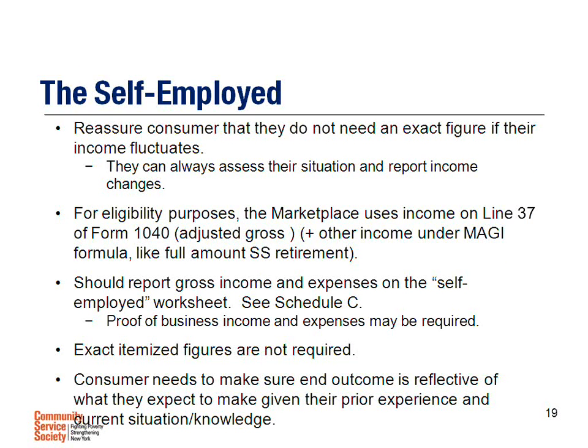On Schedule C, whenever you have someone who is self-employed, this is usually the scenario. The client is self-employed, they come in, they of course cannot come up with a figure. You look at their taxes and you look at line 37, and they may or may not agree with that amount.